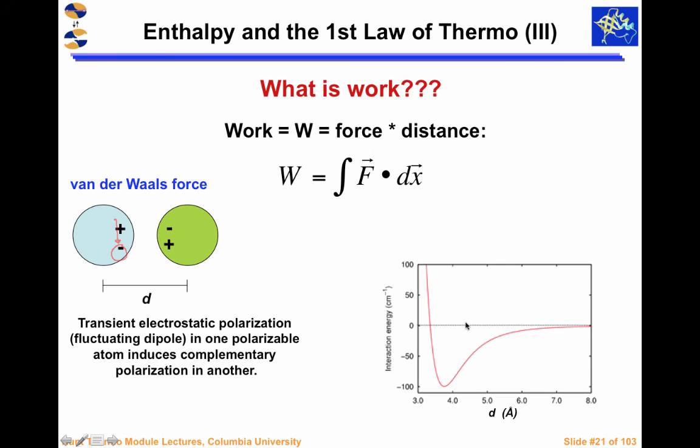Historically, this has been studied in many different ways. It looks like somewhat of a Byzantine phenomenon at first glance, a force that occurs because of transient polarization of an electron cloud. How consistent could that be? How important is that? How prevalent is it?